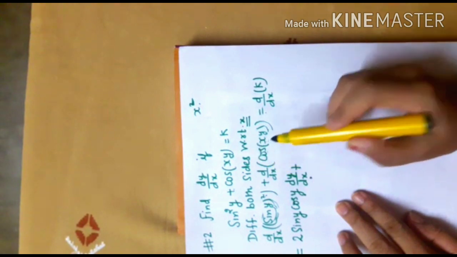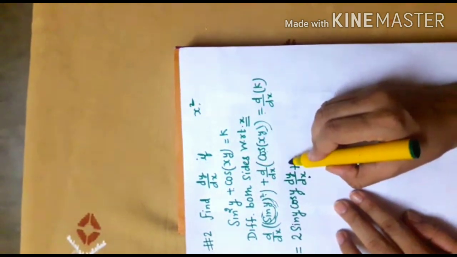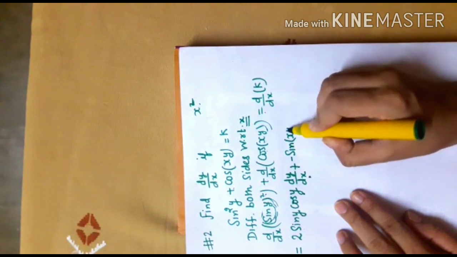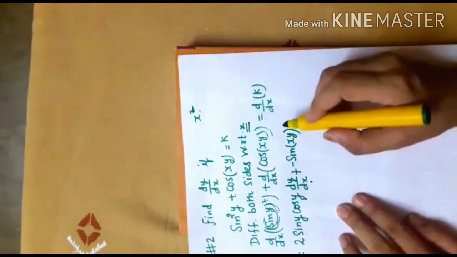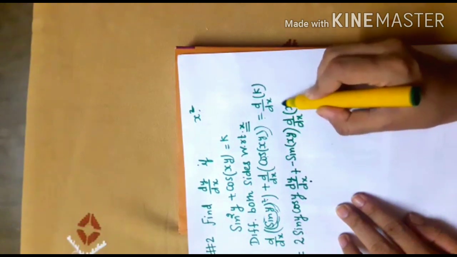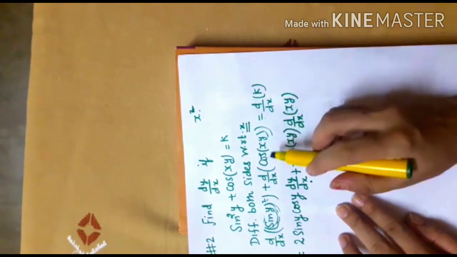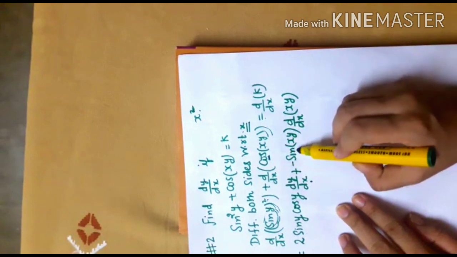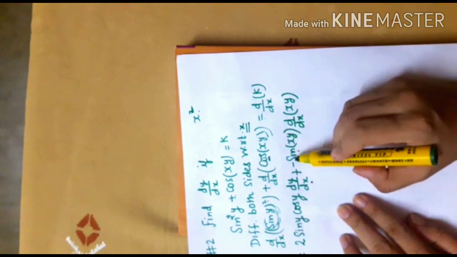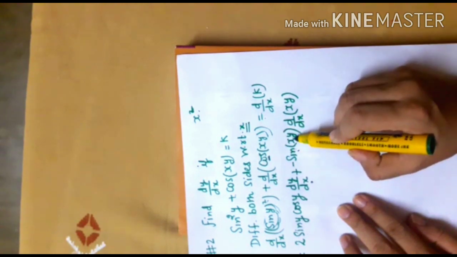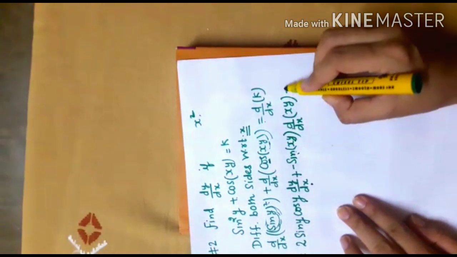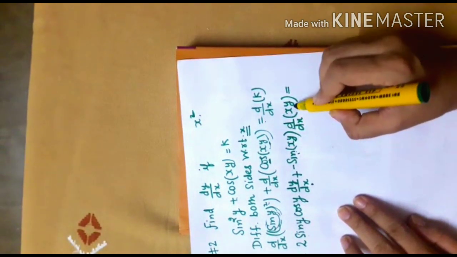the derivative of cos xy. It is minus sin xy into d by dx of xy, chain rule: the derivative of the outer function without changing the inner function, that is minus sin xy, into the derivative of the inner function, that is the derivative of xy.